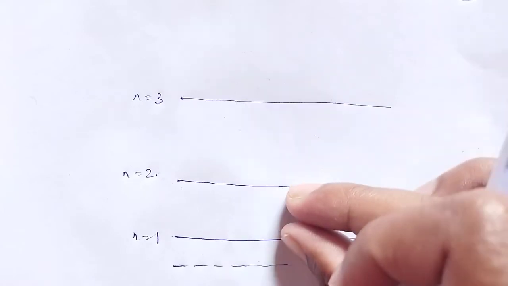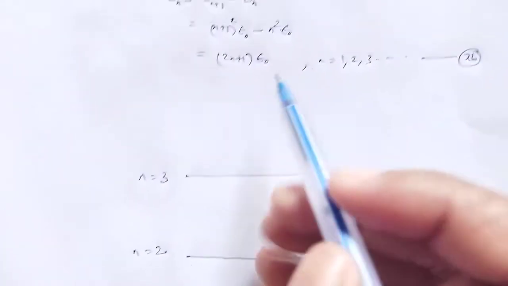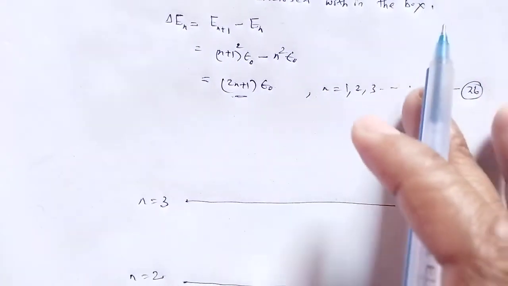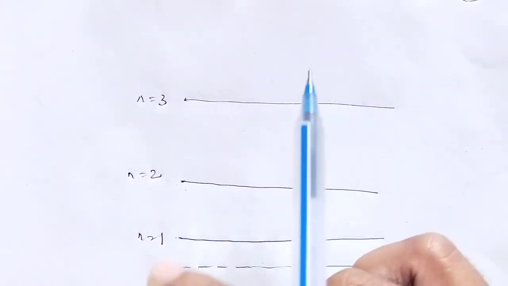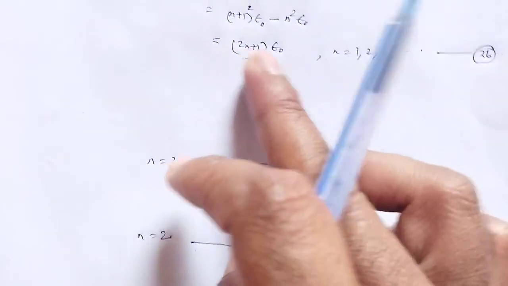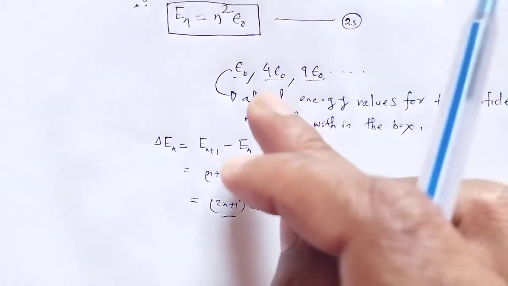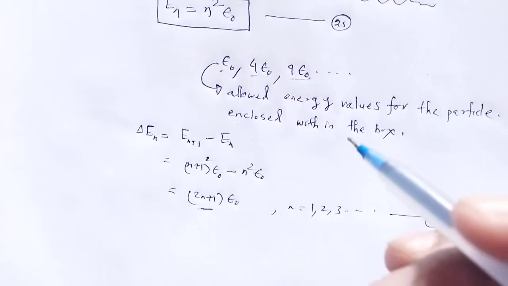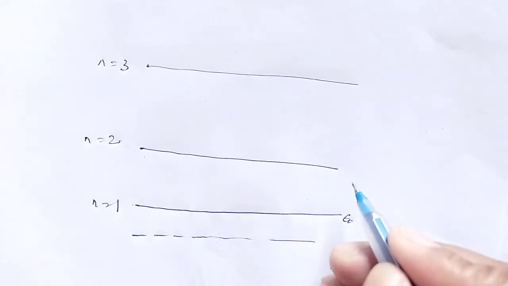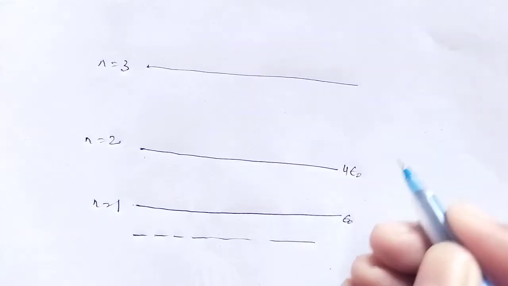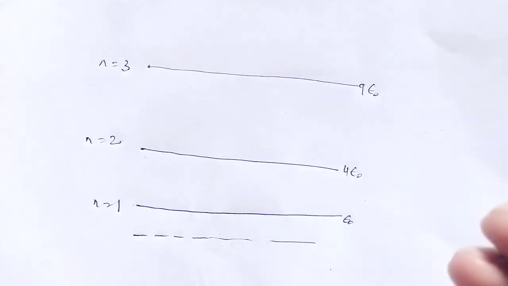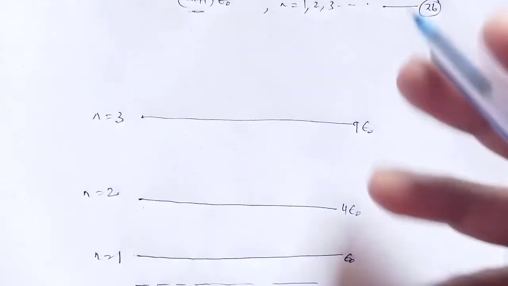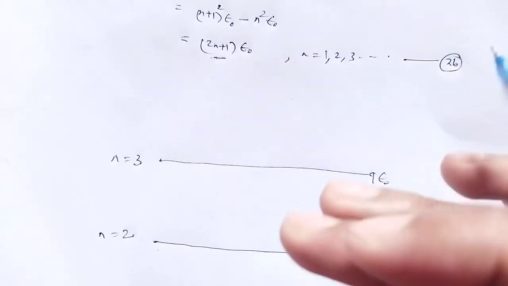These are not equispaced. The energy values are epsilon naught, 4 epsilon naught, 9 epsilon naught, like this. These are the energy levels.